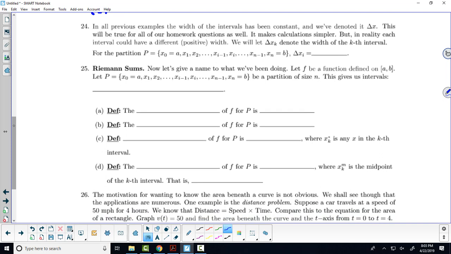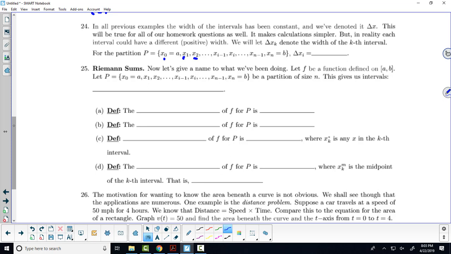We're going to add one more ripple to this. First of all, for all examples you do, we will use a common width for all of our intervals. Okay? But there's actually nothing that says we have to use a common width for each one, which means we can have several different delta xi's. So there's nothing that says there has to be an even dispersion between x0 and x1, and then from x1 to x2, and then from x2 to x3, etc. There's nothing that says it'll have to be of even width.